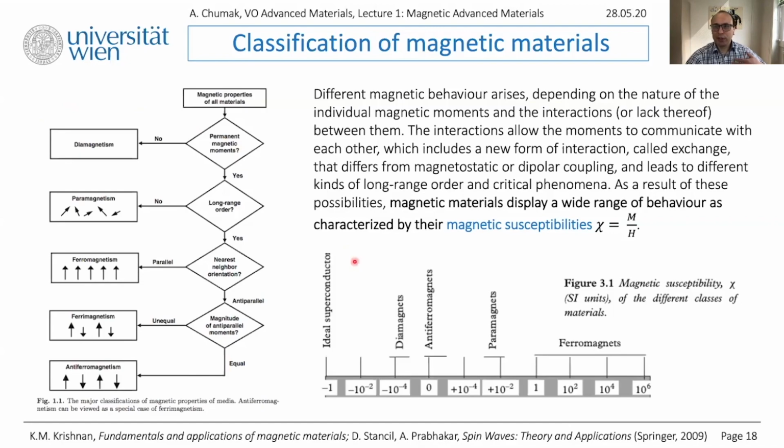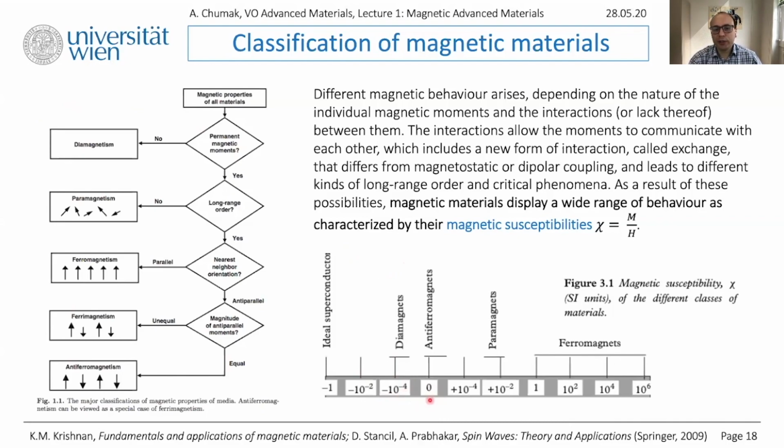There is some response of this material to the applied magnetic field, and this response is negative, meaning that the magnetic moments will be oriented in the opposite direction to the applied magnetic field. That's why it's negative. And next, you see this response is very weak, 10 to the power -4. So it means diamagnets are magnetic, but very weak.